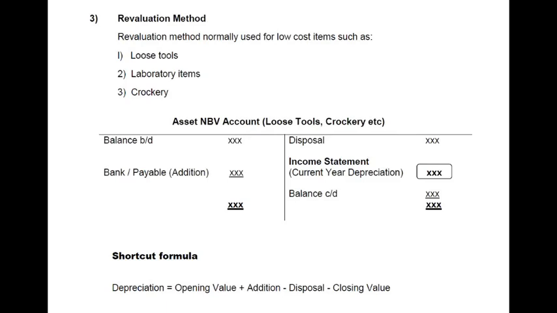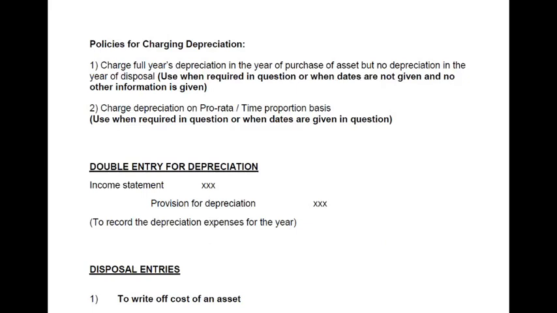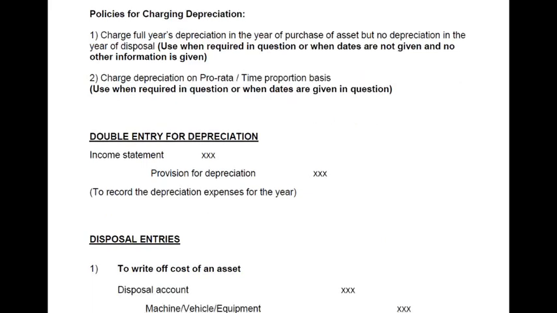But in the revaluation method you do not need anything, and if the examination question doesn't state the method and doesn't give us the rate or the life of the asset, we will always use the revaluation method. So the revaluation method is basically used in single entry questions, or not-for-profit club accounts questions, because club accounts, not-for-profit accounts, are also solved using the single entry concept.